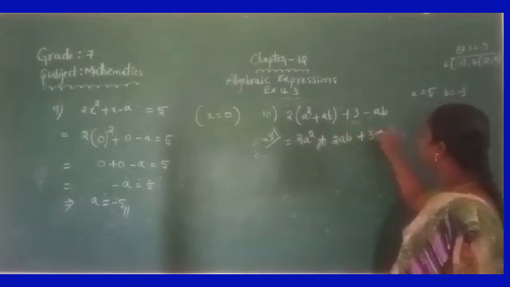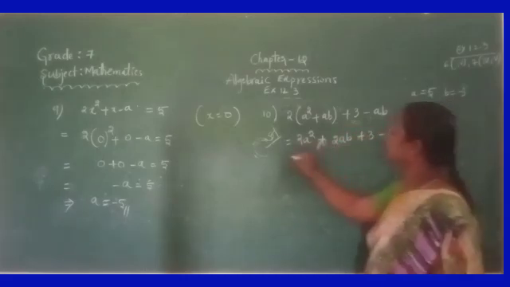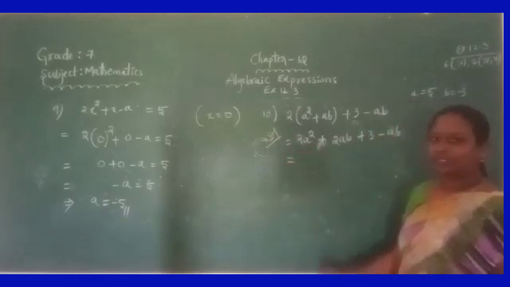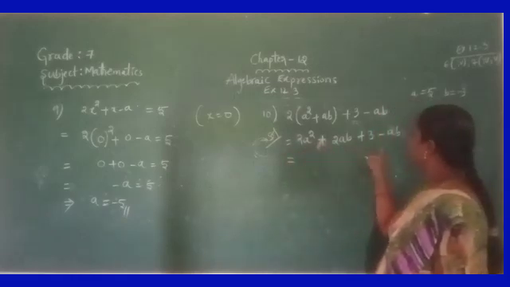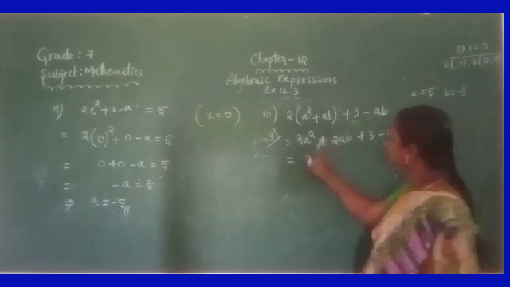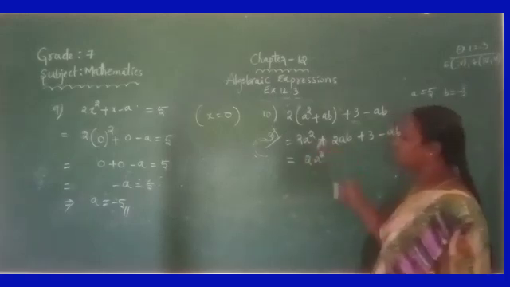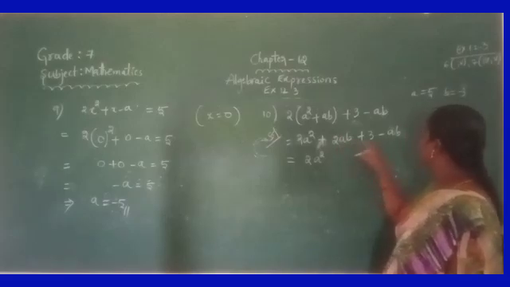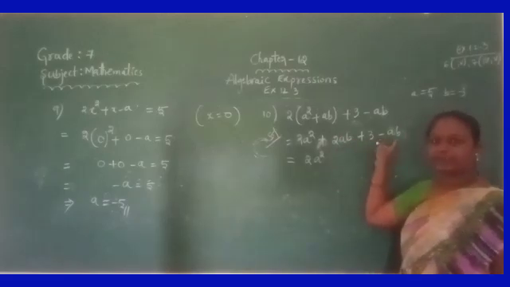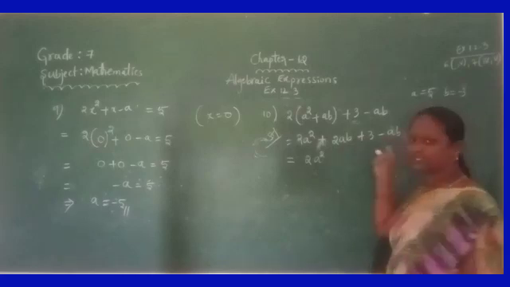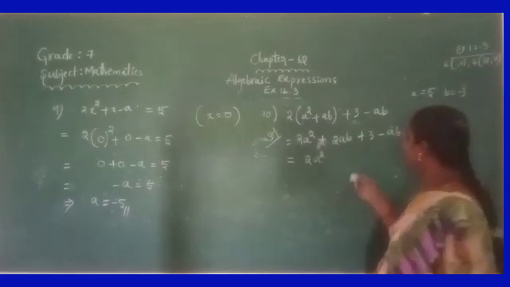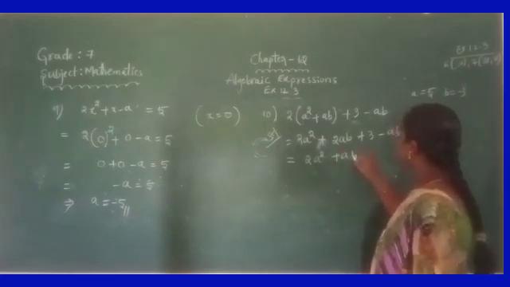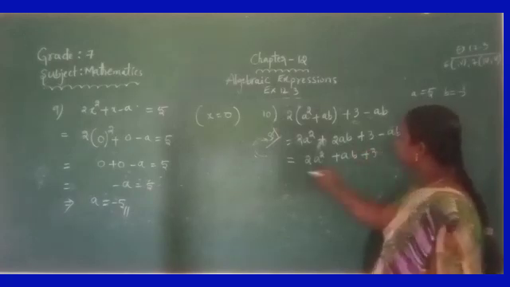Next plus 3 minus AB. Now 2A square: is there any other A square? No, there is only one term, 2A square. Next 2AB and minus AB. Here plus 2AB minus AB. So what do we get here? Plus AB and plus 3.